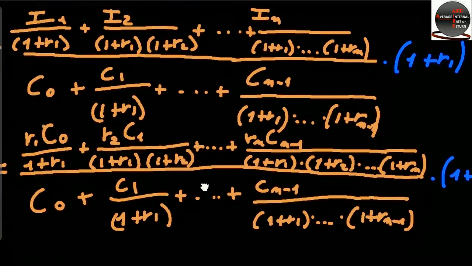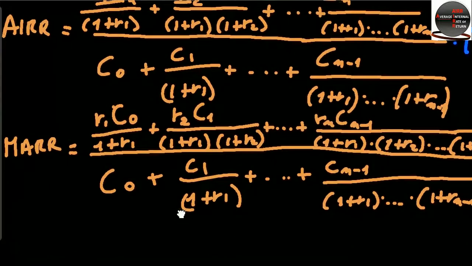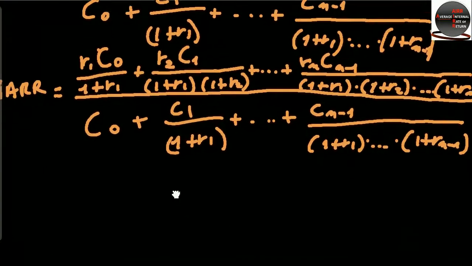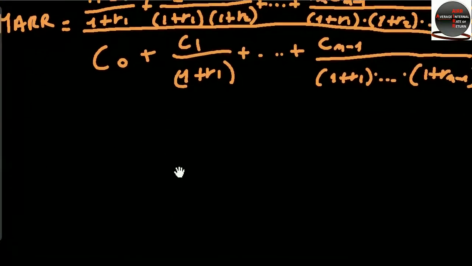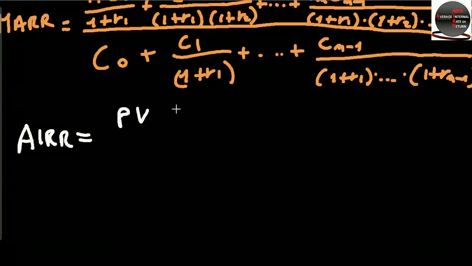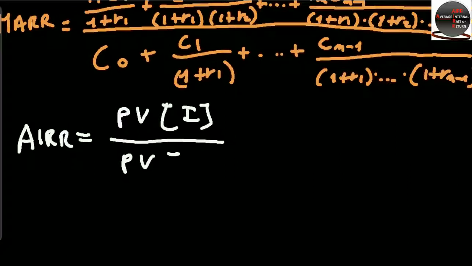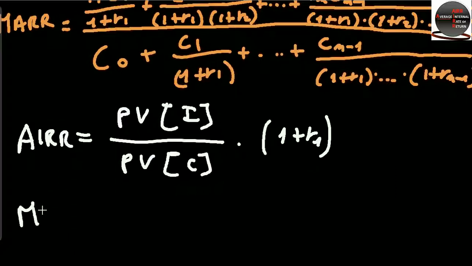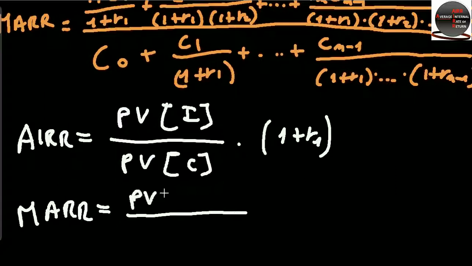We can write all this in a more manageable way. We can write that the project rate of return is equal to the present value of incomes divided by the present value of capitals times 1 plus the first cost of capital, and the minimum attractive rate of return, the overall cost of capital, is given by the present value of the market return.